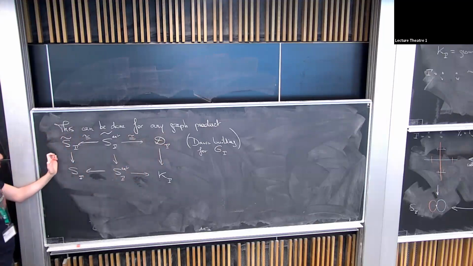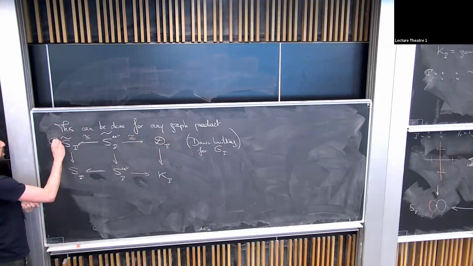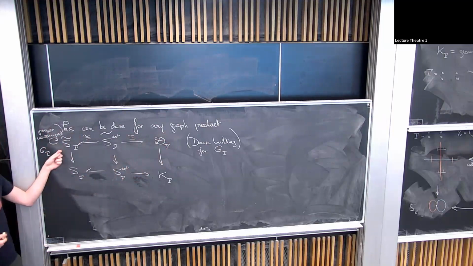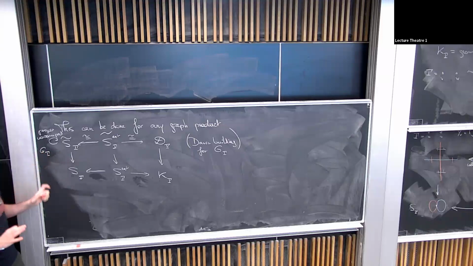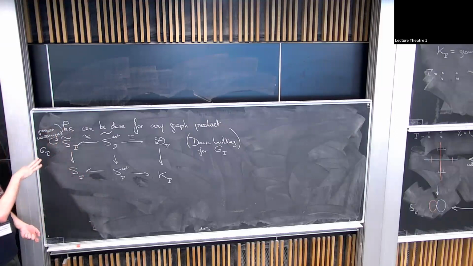Whereas on the left-hand side, what we see is a proper and co-compact action of G gamma. So the geometry of S gamma tilde really reflects the geometry of the group. That's always true. So in particular, if the local groups GV are not so nice, the geometry of S gamma tilde is going to reflect that.